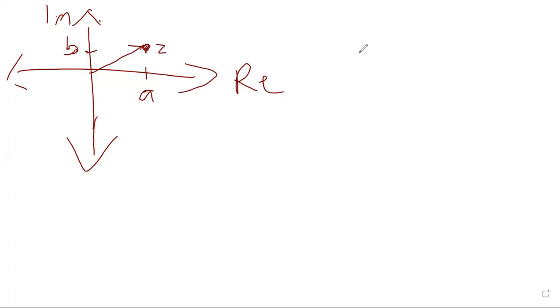Let's call this theta, the angle between the horizontal axis, the real part, and the line of the complex number.